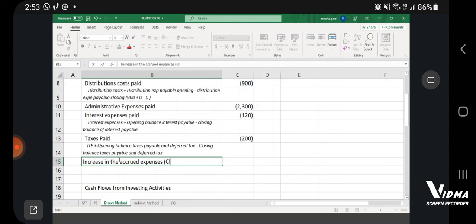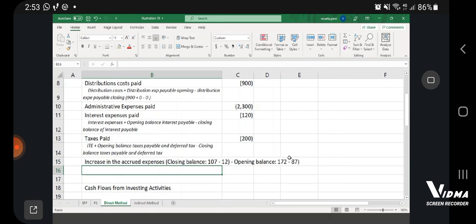Okay, closing balance, which is 107 less 12, less opening balance, which is, as we saw in the calculations before, 172 less 87, the interest expenses.